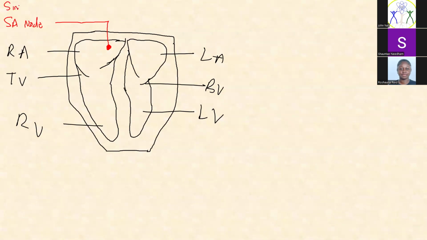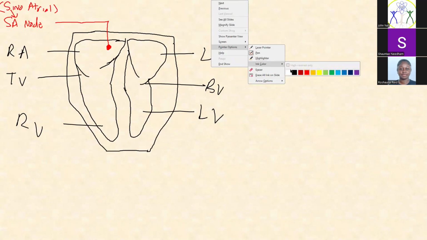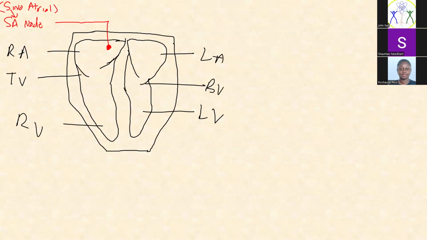So sinoatrial, in brackets up here, node. So SA node. Now, the purpose of the SA node is to generate an electrical impulse that is going to spread now to the rest of the heart, okay?